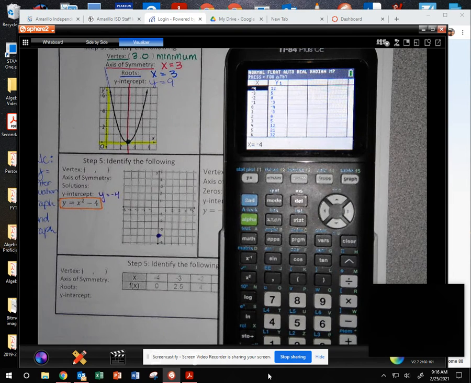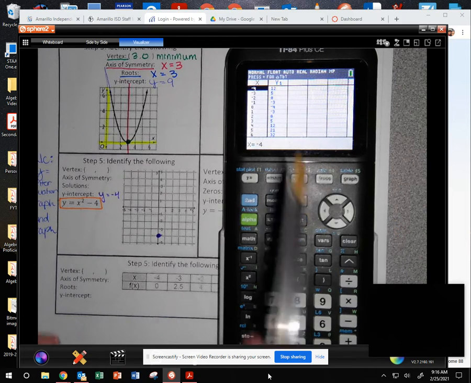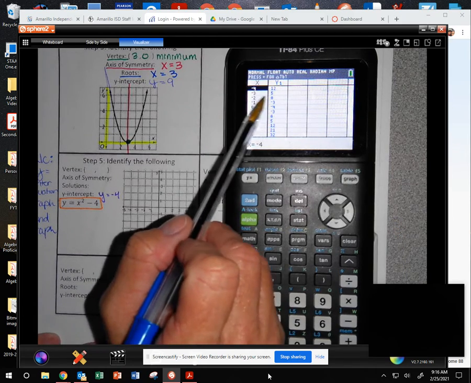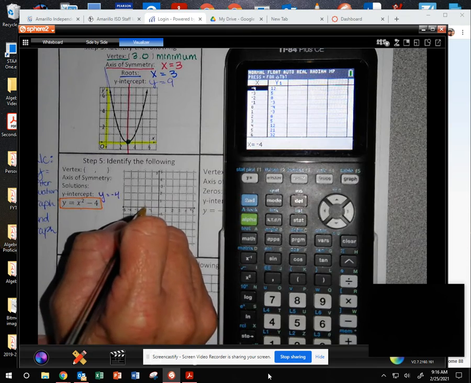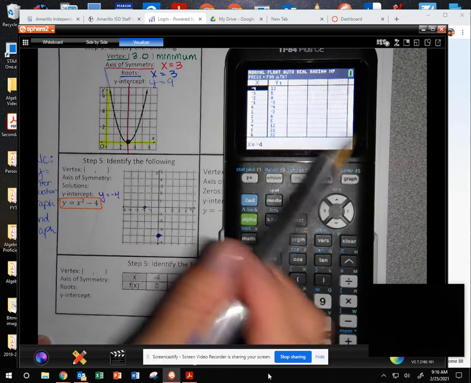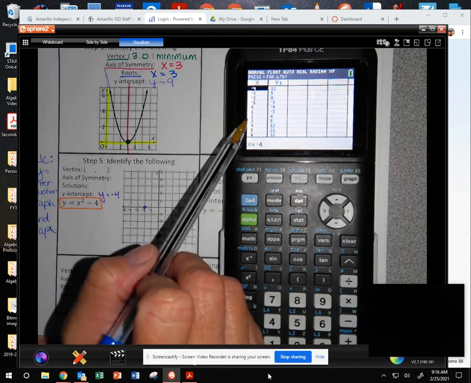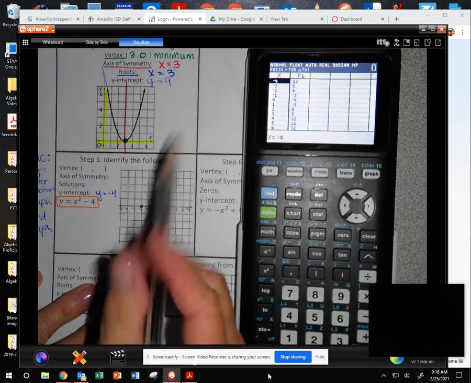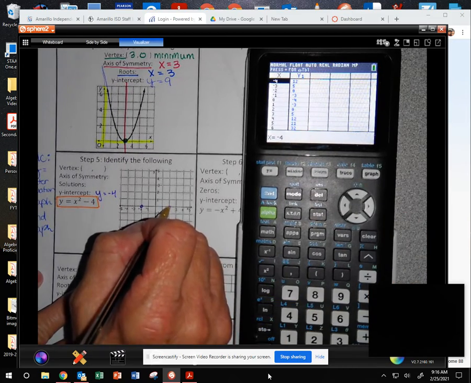Now I want to see if there are any x-intercepts. So how do I find that? Well, when x is a number and y is 0, that's how I'm going to find my x-intercepts. So here I have -2, 0. So we're going to go here. And then I'm going to look down and I have 2, 0. So I'm going to plot 2, 0.